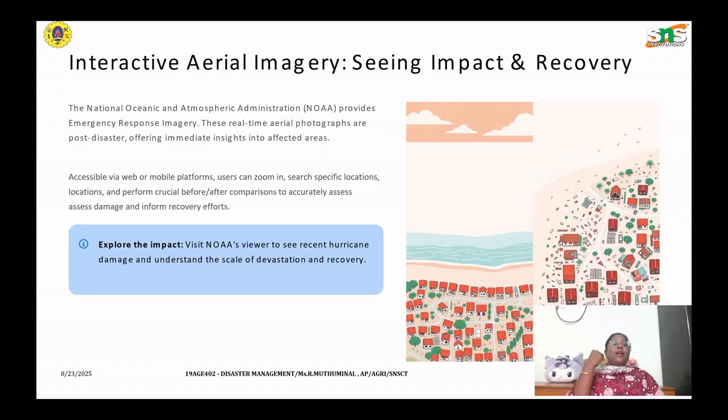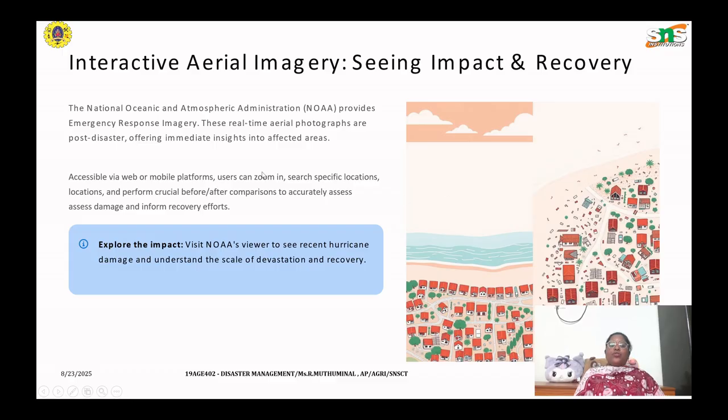So here I would like to show you interactive aerial imagery of impact and recovery during the occurrence of disaster. As you can see in the images, it shows the impact and the situation after the recovery.